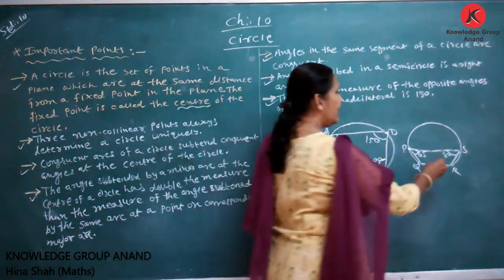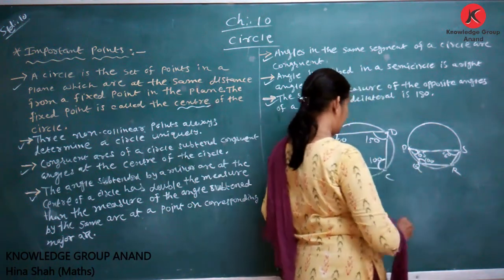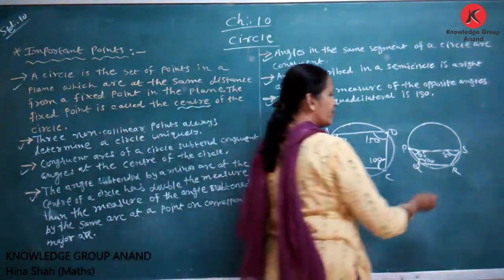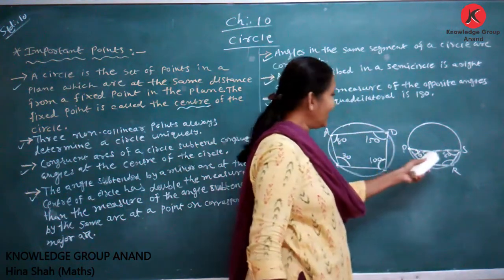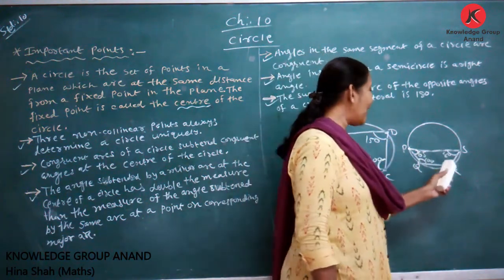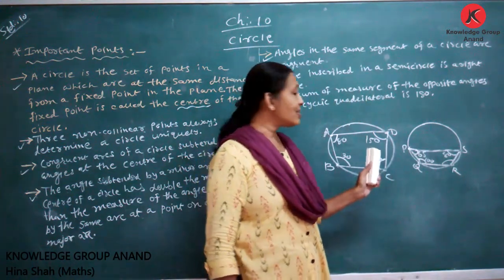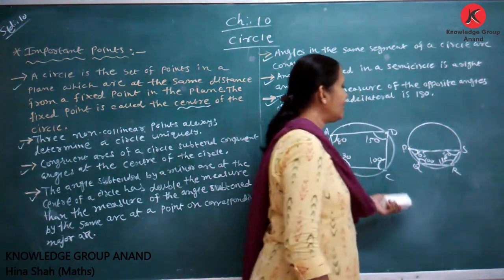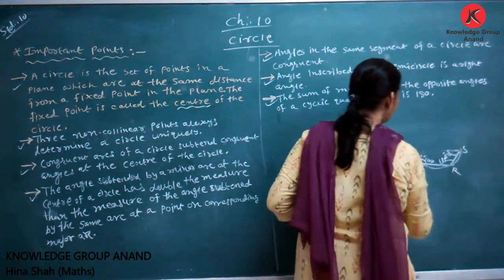Then we see that 180 minus 80, angle Q is equal to 100. And 180 minus 65, sorry, is 115. Then we find these types.